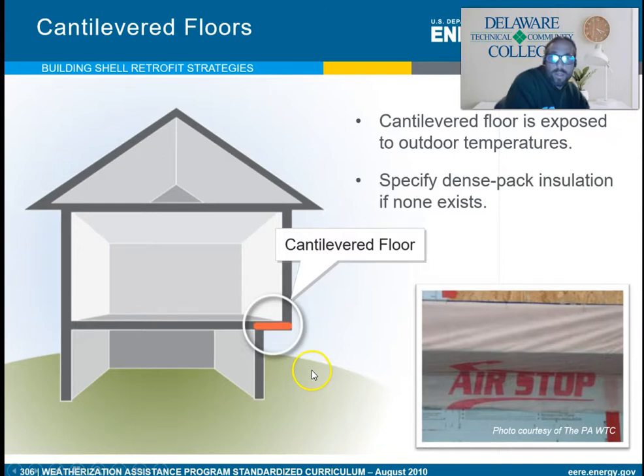Another really common thing, you see a lot of this in Delaware, where you see these cantilevered floors to give you extra floor space. And you'll see this in a lot of buildings in Delaware, a lot of residential buildings in particular. And so what does this do? It does two things. Number one, it adds surface area, right? So that's more heat loss through the surface.